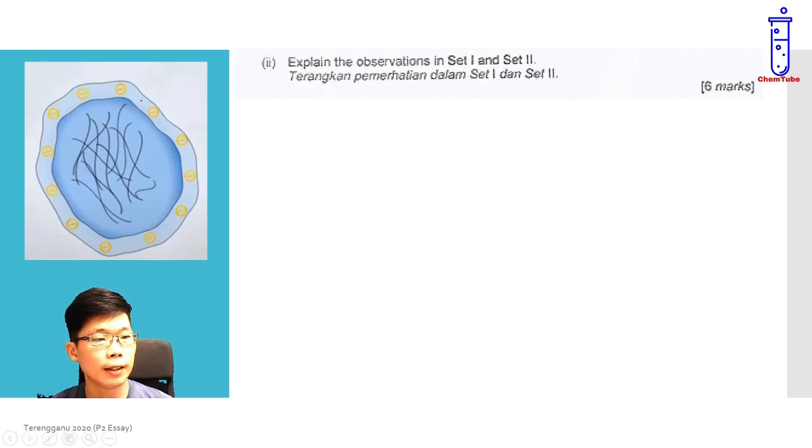If the negative charges remain, the rubber molecules will repel each other. Unless the negative charges are neutralized by the hydrogen ions from the acid, then they can collide with each other, and then they can coagulate.